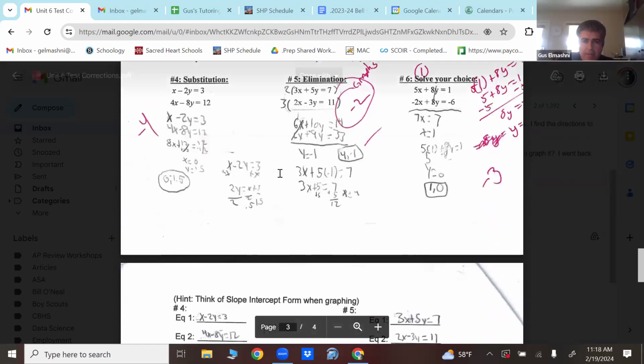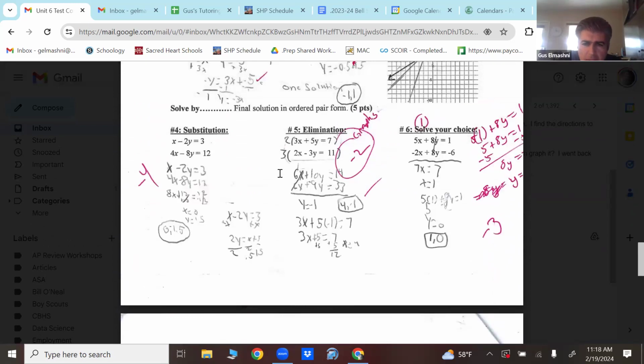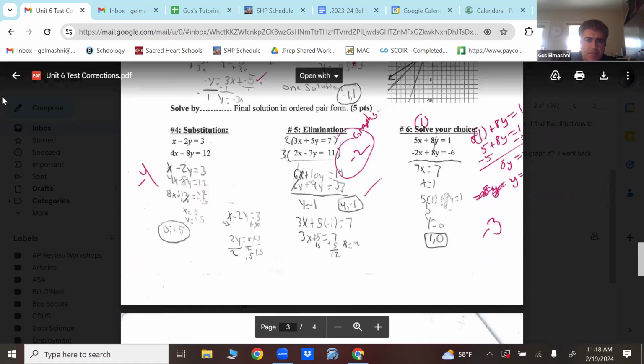For 5, you're doing elimination, I can see here. So you have to subtract the equations from each other, which should be 19y equals negative 19.